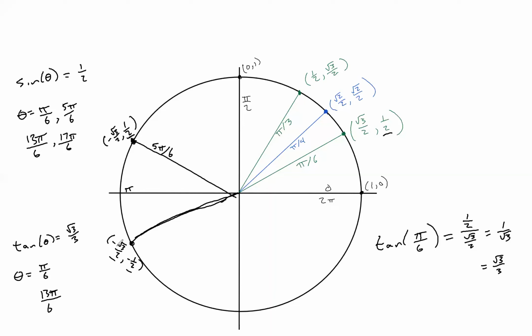Negative divided by negative is still positive, so I'd still get a positive root 3 over 3 for my answer. So I just need to know what angle this is. So this is just kind of counting my way around the unit circle. Starting here at 5 pi over 6, 6 pi over 6. This is 7 pi over 6.